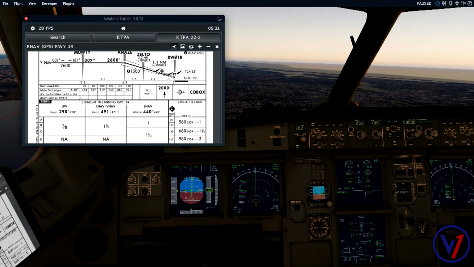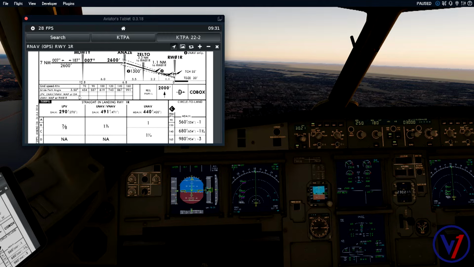Now, LPV and APV approaches are very new, and I think they will become the future. Some of these approaches can get you down just as low as an ILS approach. However, in modern day aviation, as of right now, it is not the norm when it comes to airliner category aircraft and transportation. The WAAS approach, or LPV, APV approach, is probably most common now in private jets and general aviation aircraft.